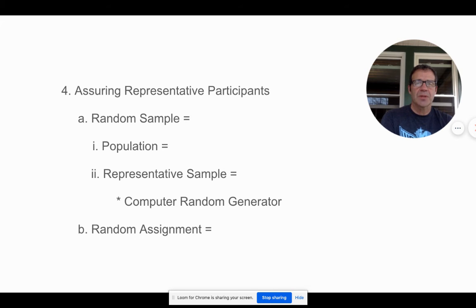So random sampling is used for all types of research, experiments, surveys, whatever, okay? The population, pretty much what it sounds like, is the group of people available for the research.